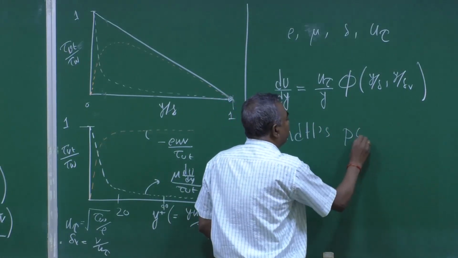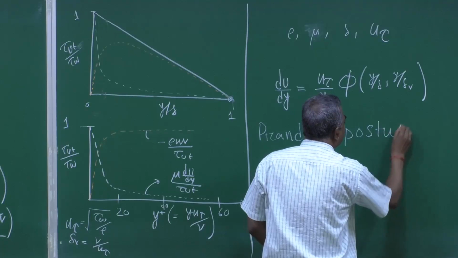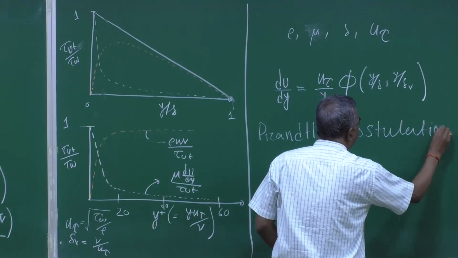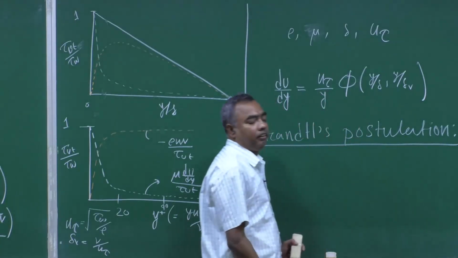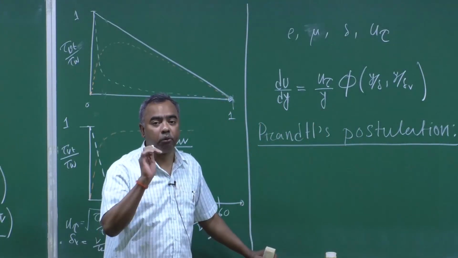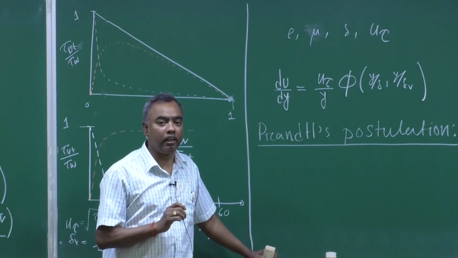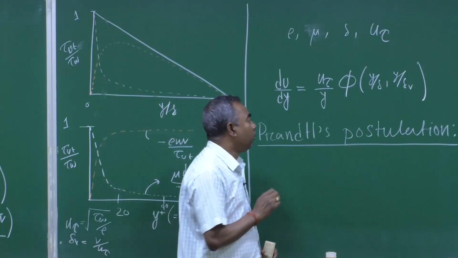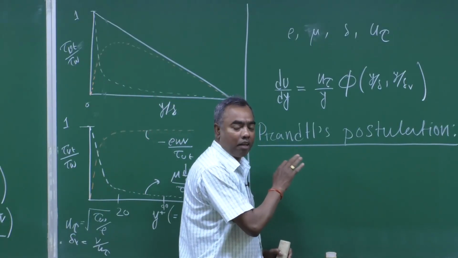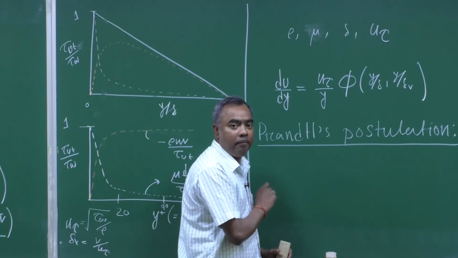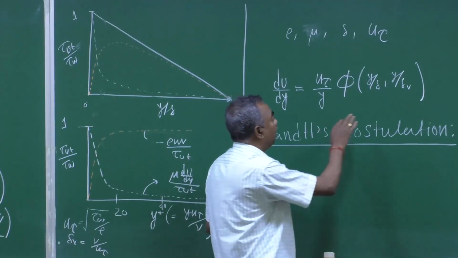And then we come to the Prandtl postulation. What was that? That there is an inner layer very close to the wall. Within this layer, the dynamics is governed mainly by the viscosity.